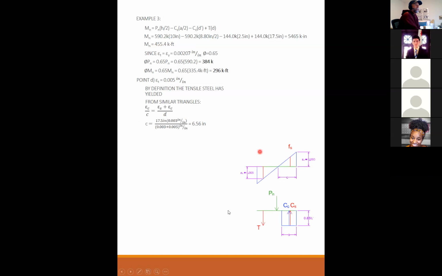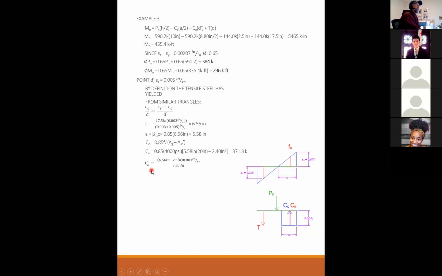Here's my strain diagram again. Very similar to before, but now this is 0.005, so C is getting smaller. A is beta 1 times C, 5.58 inches. C sub C, and we have the same 0.85, 4,000, but A is 5.58 minus area steel, 371.3 kips.